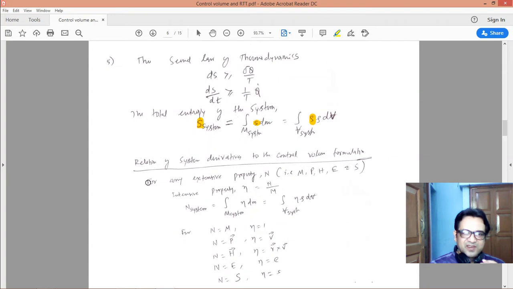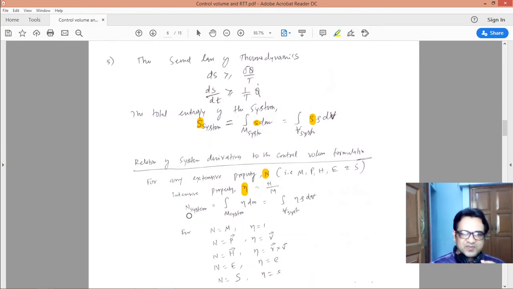So in general, for any extensive property, capital N is the extensive property. It may be the total mass, the linear momentum, the angular momentum, the total energy, or the total entropy. And for the intensive property, eta, we take the extensive property divided by the mass. Basically these are the specific quantities.